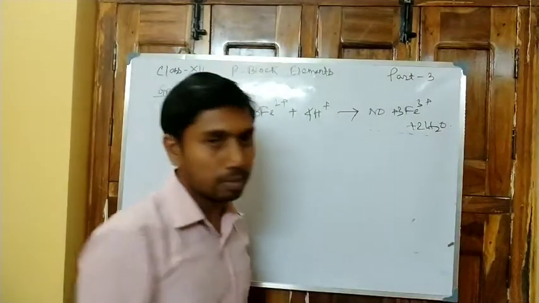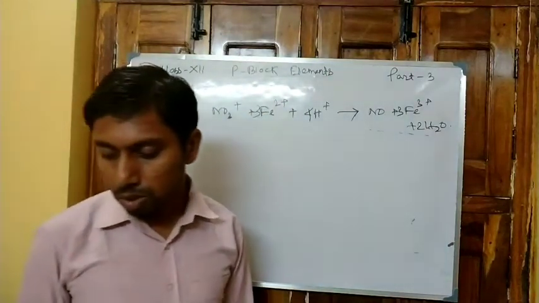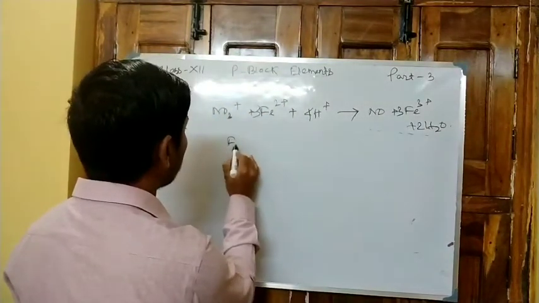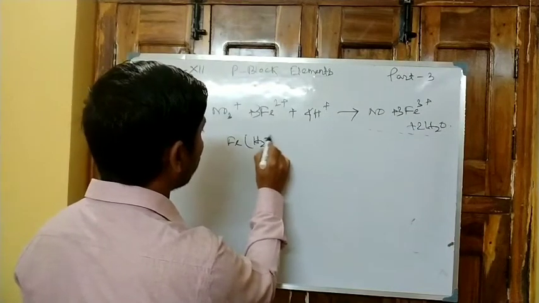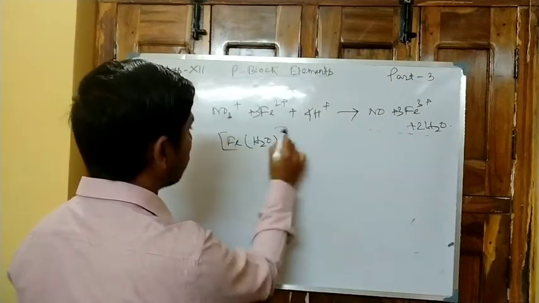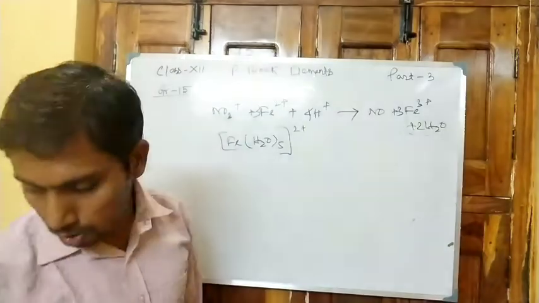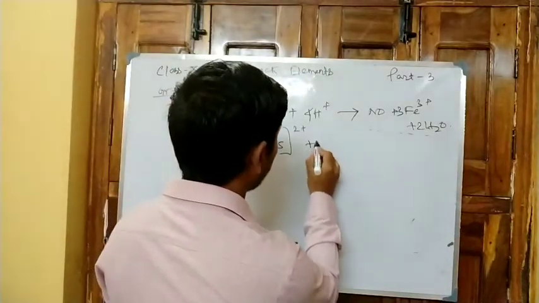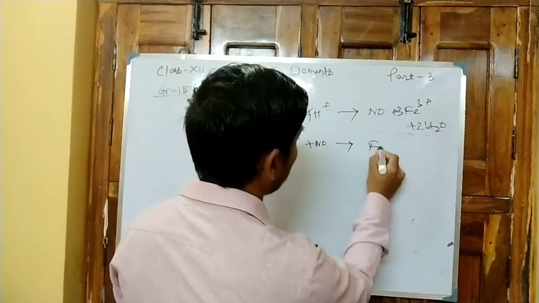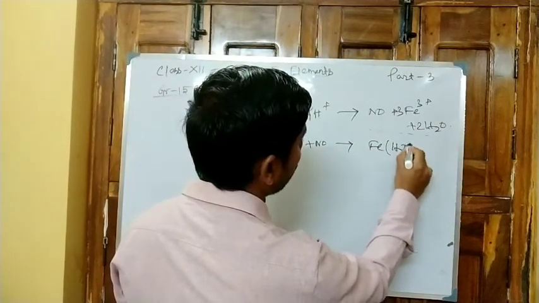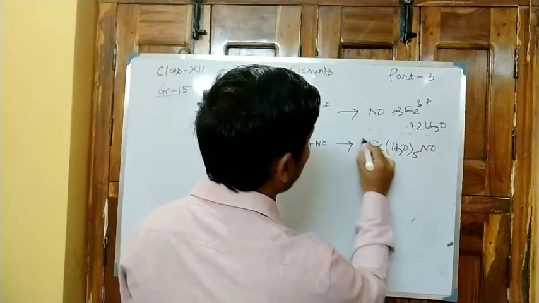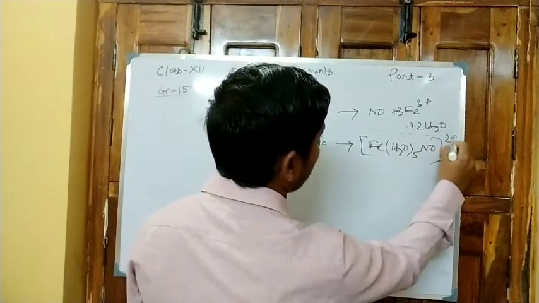In the second step, this NO is used to make [Fe(H2O)6]2 plus plus NO, forming [Fe(H2O)5NO]2 plus.